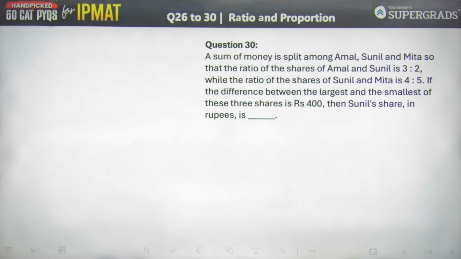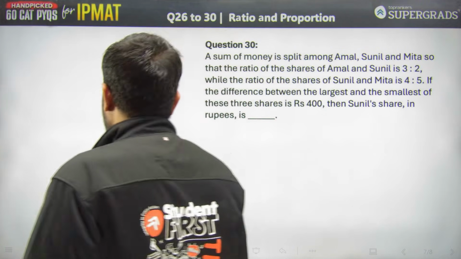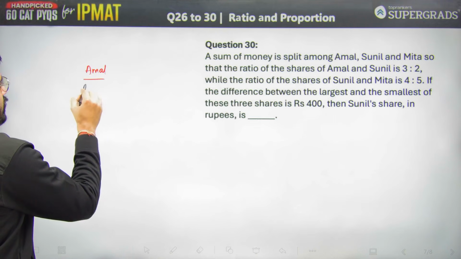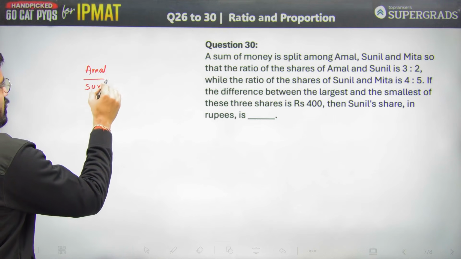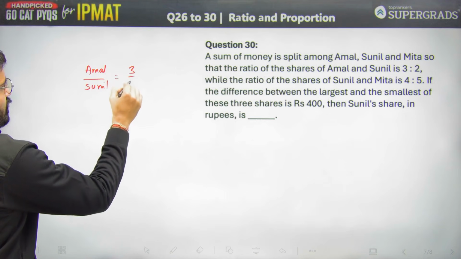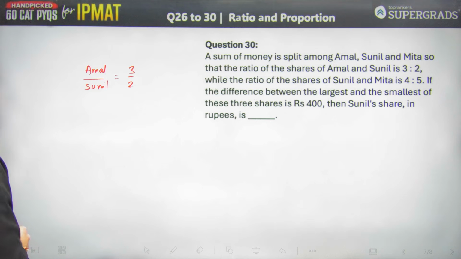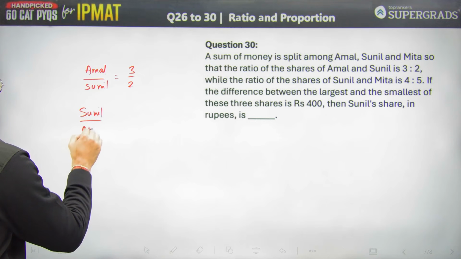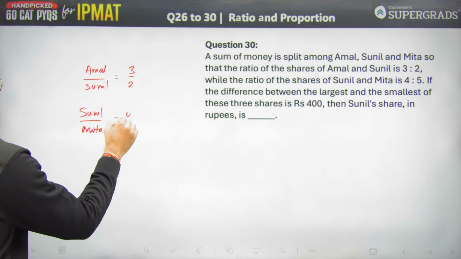A sum of money is split among Amal, Sunil and Meeta so that the ratio of the shares of Amal and Sunil is 3:2, while the ratio of the shares of Sunil and Meeta is 4:5.